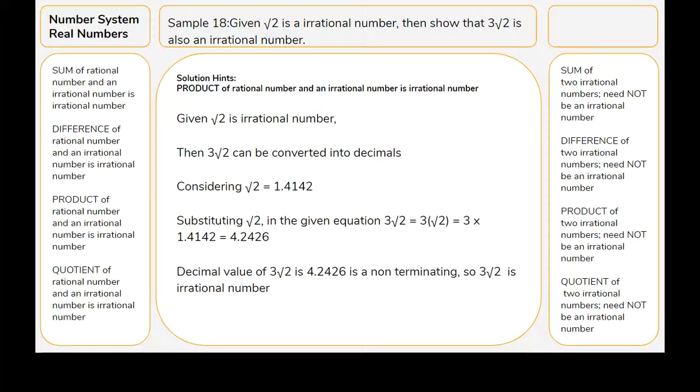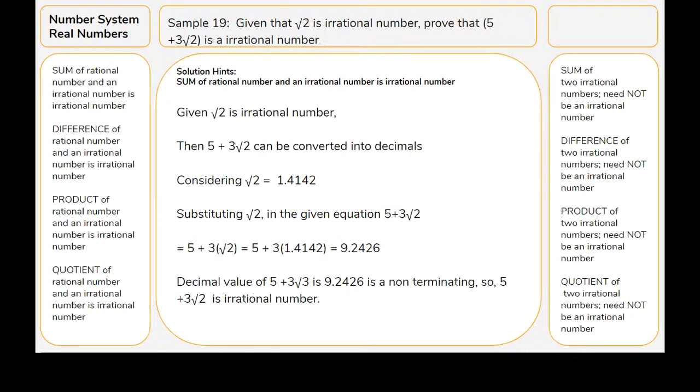Substituting square root 2 equals 1.4142 in the given equation, 3 square root 2 equals 3 times 1.4142 equals 4.2426. 4.2426 is non-terminating. So 3 square root 2 is an irrational number.